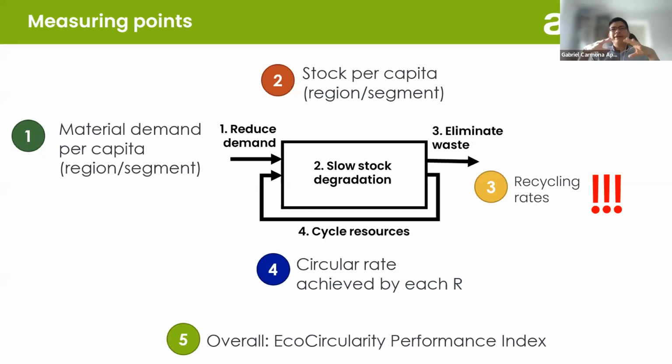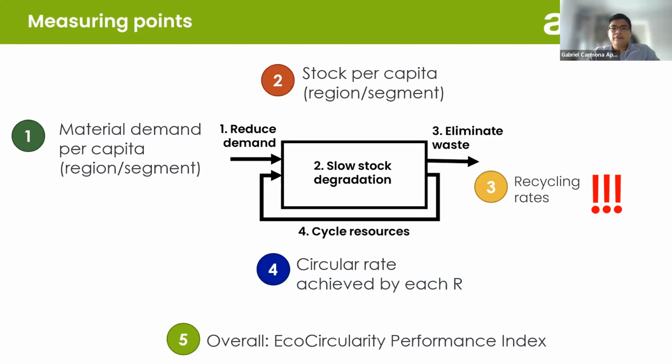I want to highlight here that for the circular economy to be a reality, we have to open up a bit more and not just focus on the end of life stage, but think from the demand side. How can I even change my demand of resources? But anyway, at level 3, at the eliminate waste, I can have recycling rates.